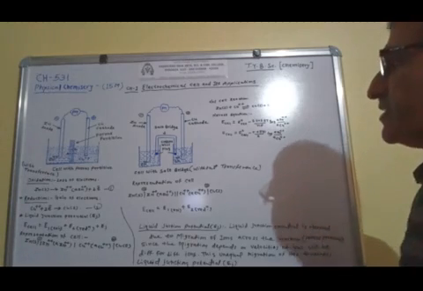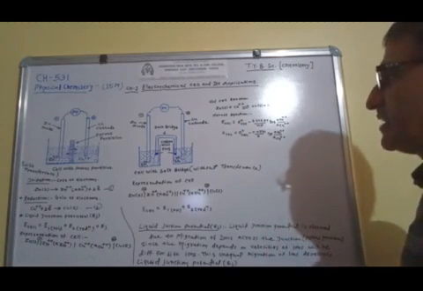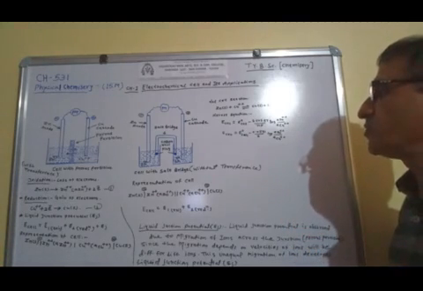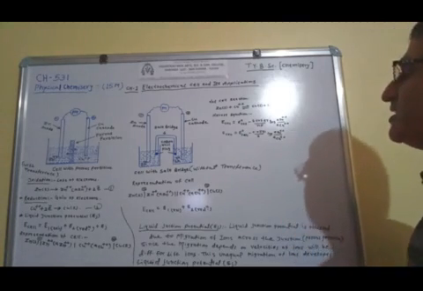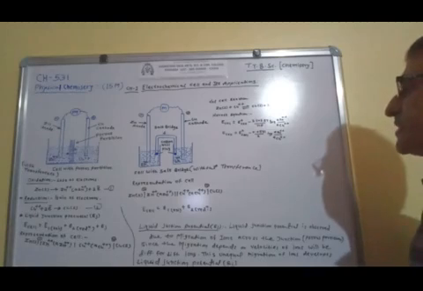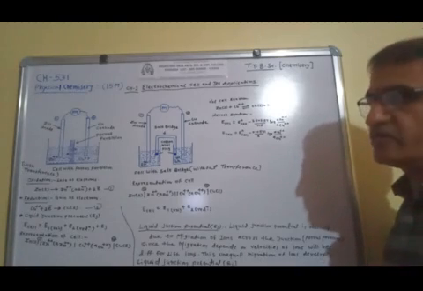At 25 degrees centigrade, E cell is equal to E0 cell minus 0.0591 divided by 2 log of activity of Zn plus plus divided by activity of copper plus plus.